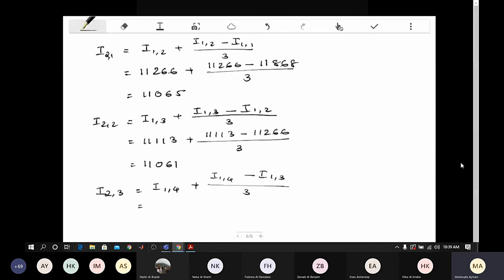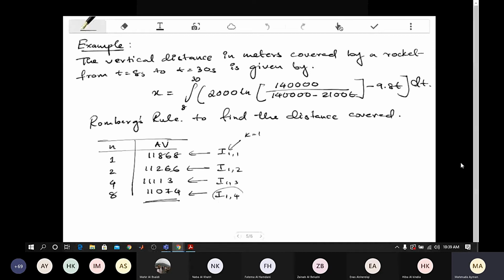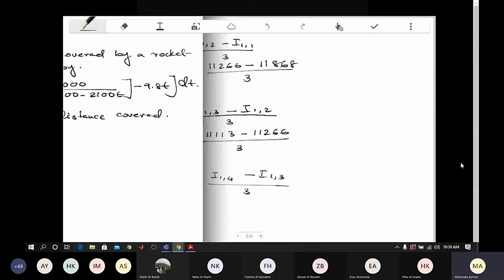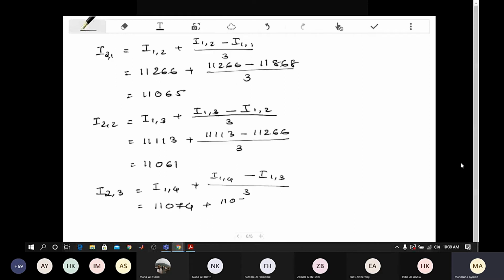Using the values given to us from the table, I1,4 is 11074. So we have 11074 plus (11074 minus 11113) divided by 3. This gives us the value 11061. We have solved this already using Richardson's extrapolation in the last class.